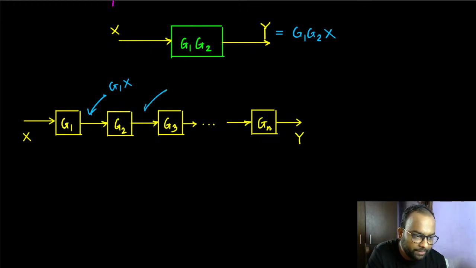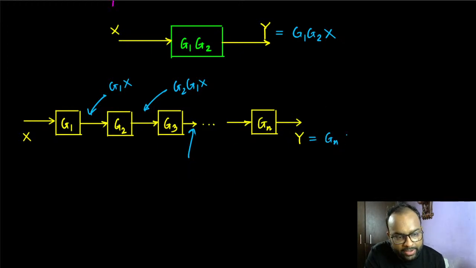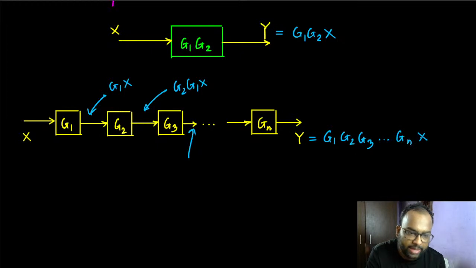So the signal here will be g2 g1 x. The signal here would be g3 g2 g1 x, and so on. Finally, the signal would be gn, gn minus 1, dot dot dot, g3, g2, g1 x. We can clean this up and write it as g1, g2, g3 up to gn times x.